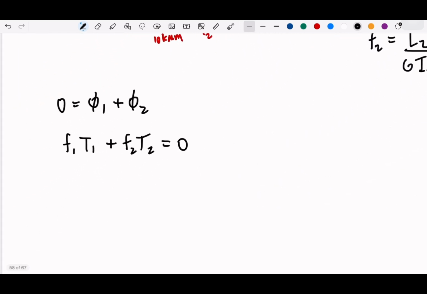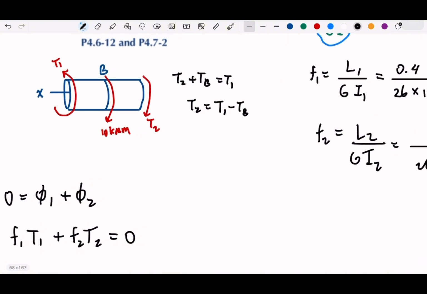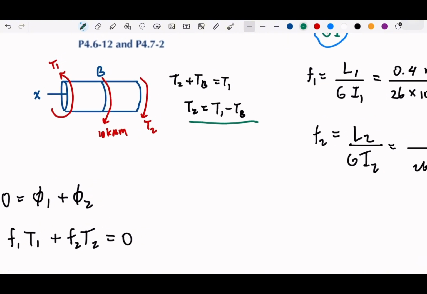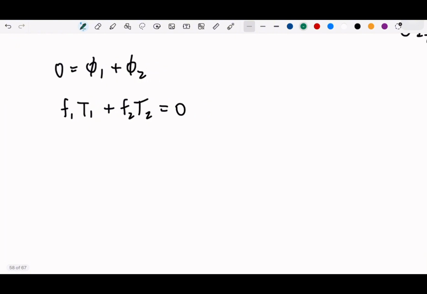So we can rewrite, and then the T1 and T2 we can have from the equilibrium. We can use both ways. We can find the T1 first or T2 first, but eventually we'll get both torque. So let's say we are computing based on the T2. So this will be F1 T1 plus, this will be T1 minus TB.